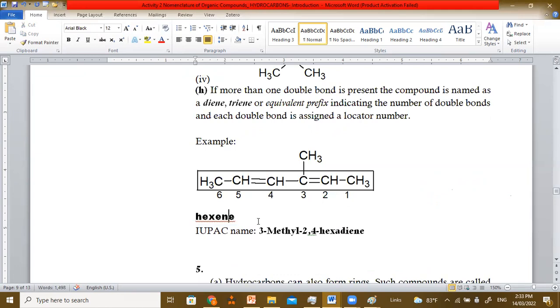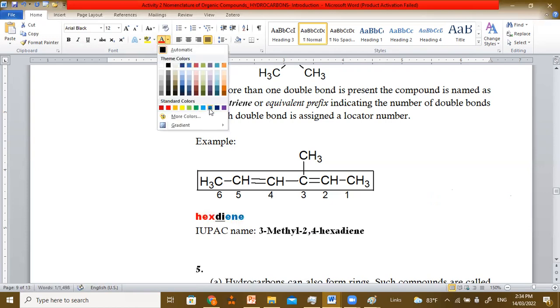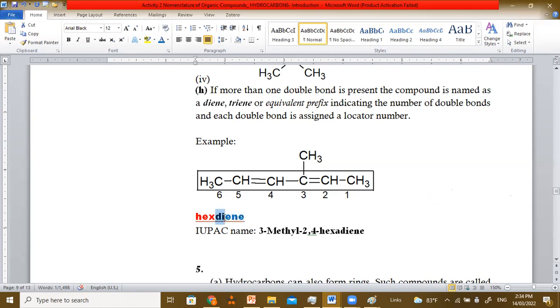Our prefix is hex and we should end with "-ene" since there is a double bond. Since there are two double bonds, we have to include di before the "-ene." The parent chain is hex, and we need to indicate where the two "-ene" bonds are.